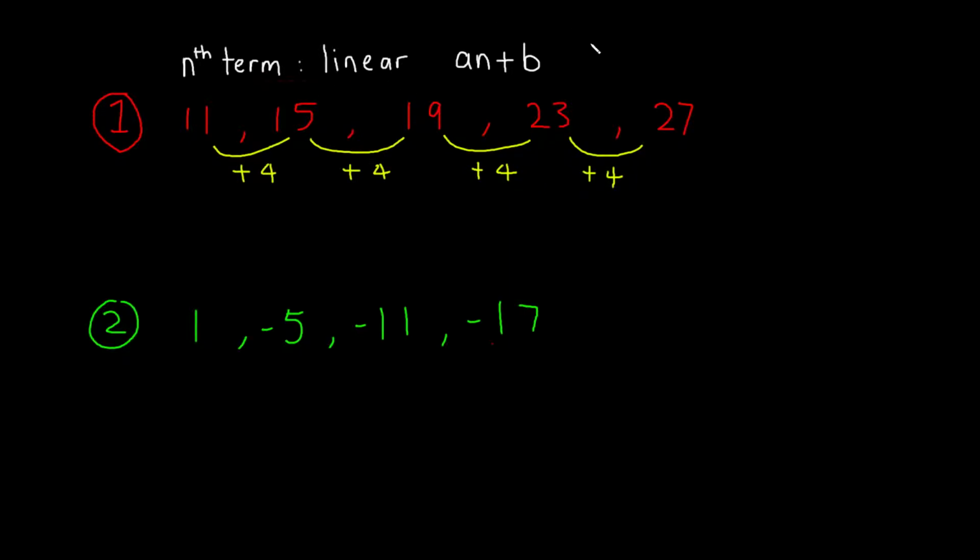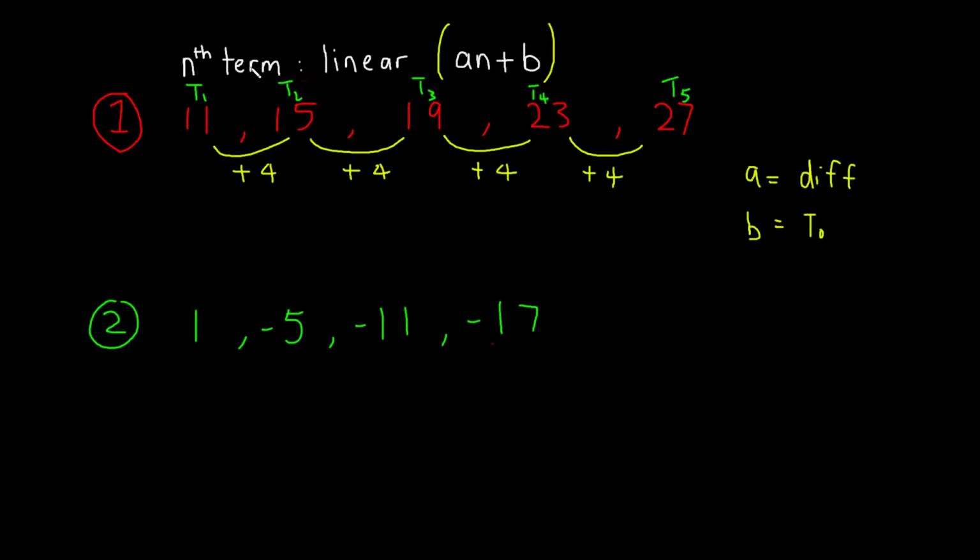Three of your sequences all follow a different set of formula. For your linear sequence, the formula would be an plus b. So what is a, what is b? A will be your difference in terms, and b is your term 0. So how do you define term 0? Over here, this is your term 1, term 2, term 3, term 4, and term 5.